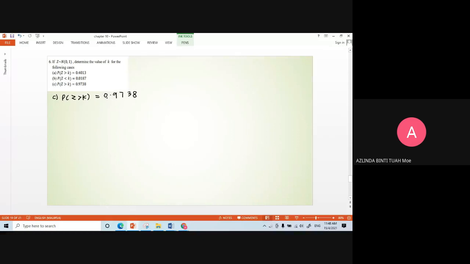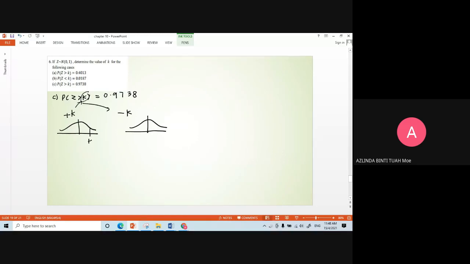Sebab the half part je dah 0.5. There must be more than half yang terlorek nanti. Okay, once again, we do not know the sign of K, whether it is positive or negative. Okay, kita tengok dua possible yang ada di sini.